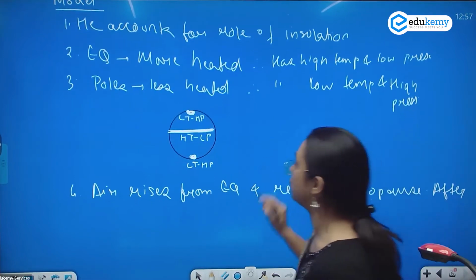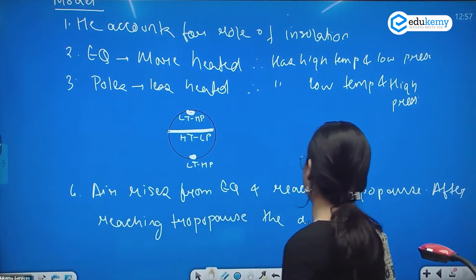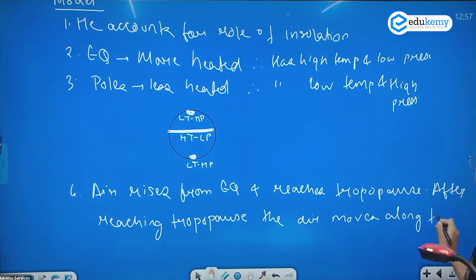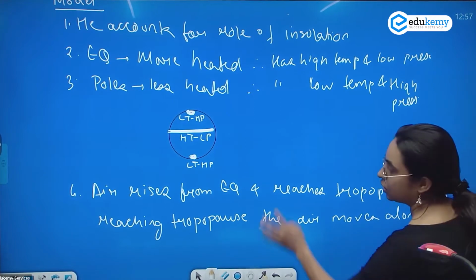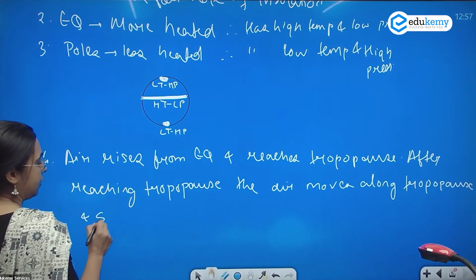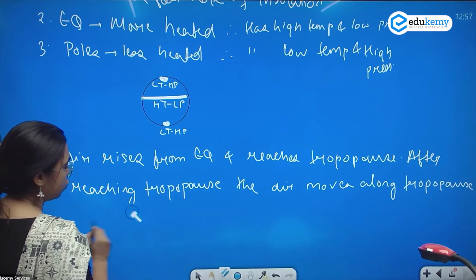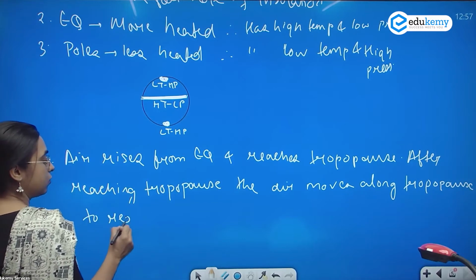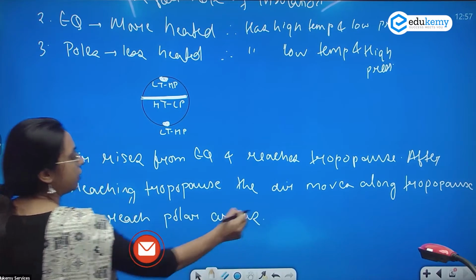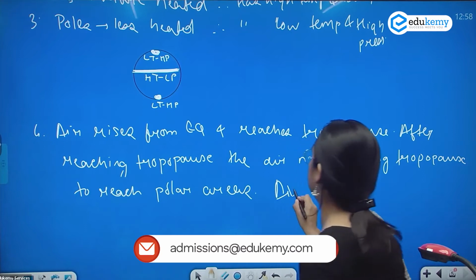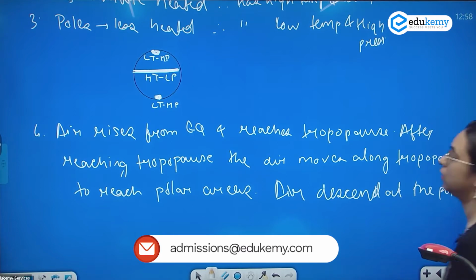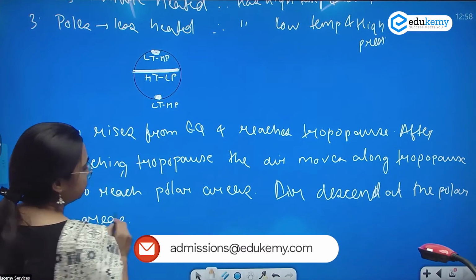After reaching the tropopause, the air moves along the tropopause to reach the polar areas. The air descends at the polar areas.